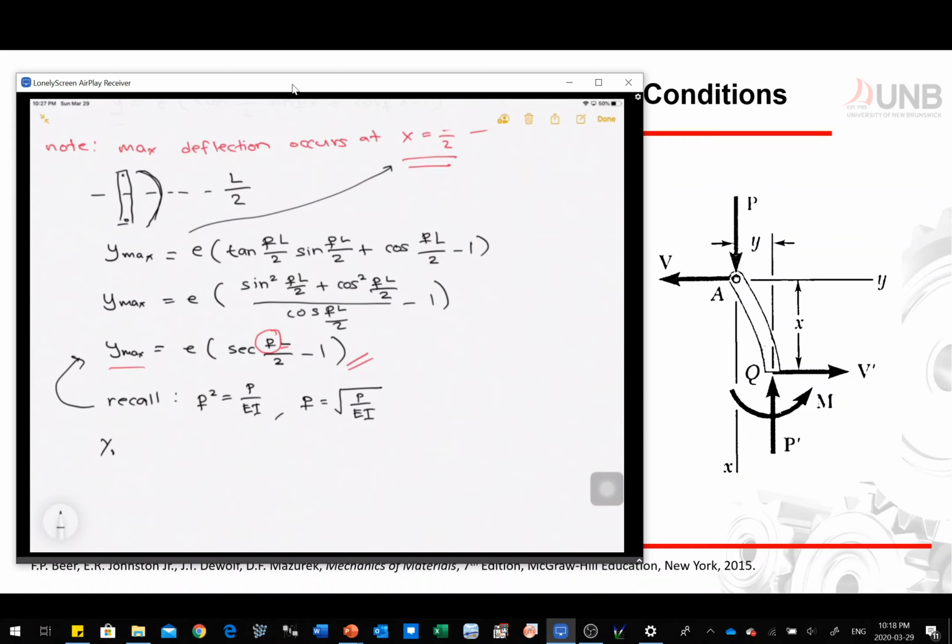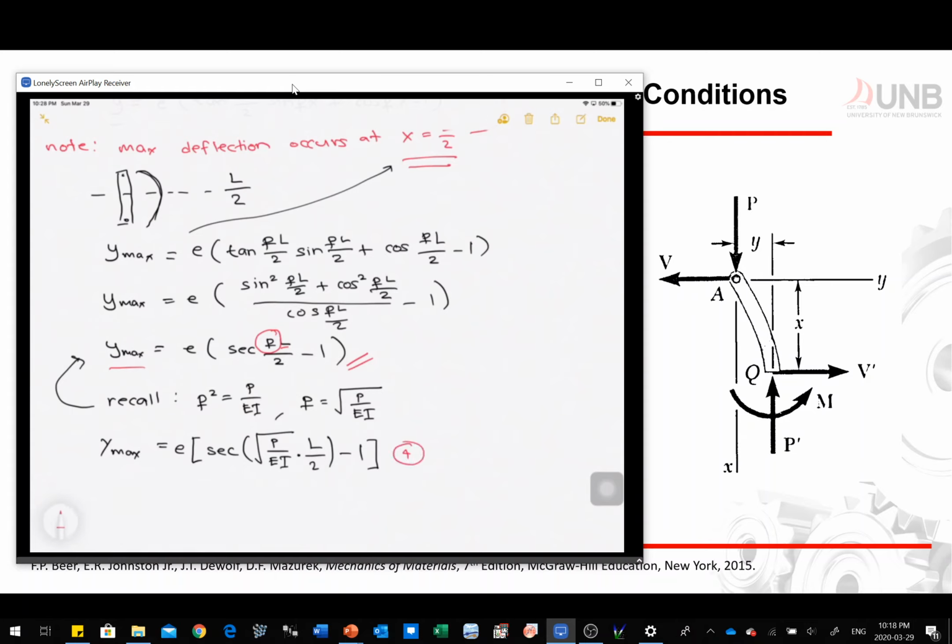We're going to get y maximum is equal to e times secant equation here, square root of P over EI times L over 2, and then minus 1. Okay, just checking if it's correct. So let's call it equation number 4.